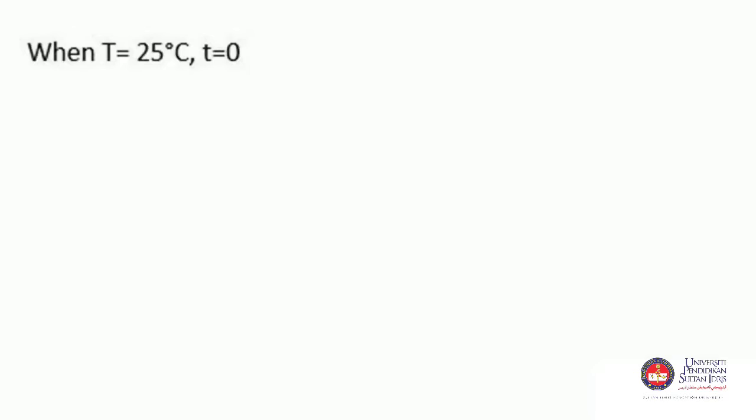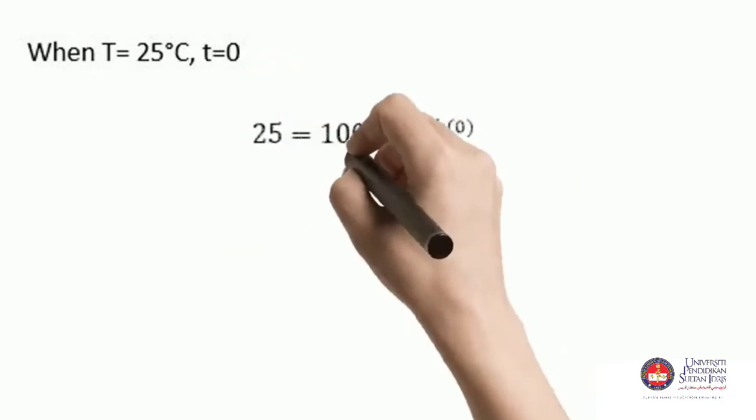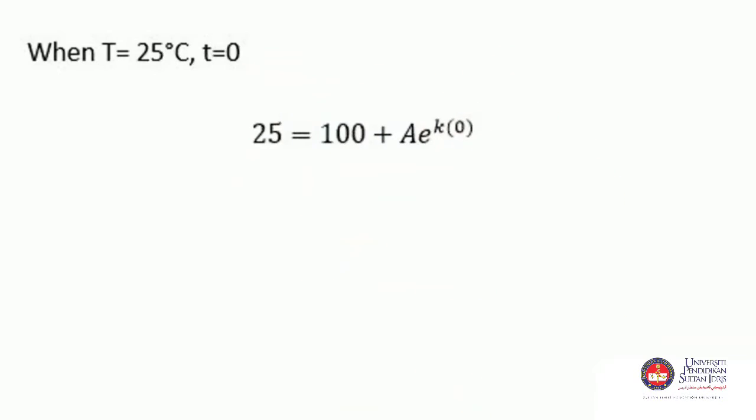When the temperature equals 25 degrees Celsius, the time is equal to 0, since 25 degrees Celsius is the initial temperature. Then, we substitute into the equation and we get 25 equal to 100 plus A times e to the power of k times 0.